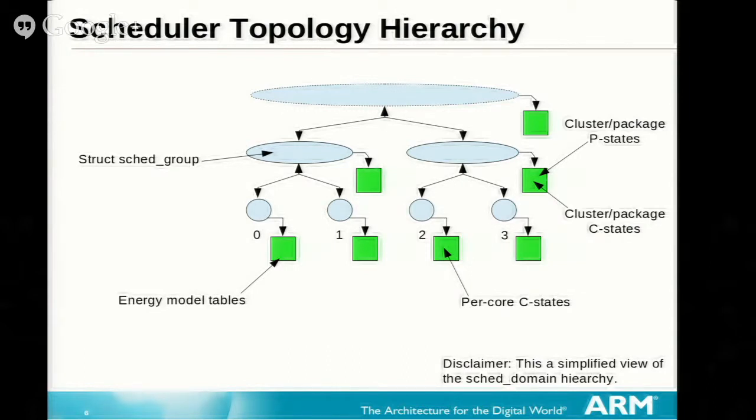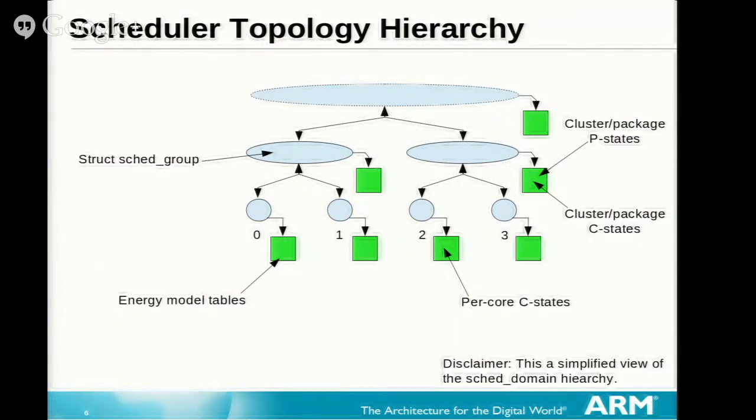So for our 2+2 system from before, we would have a group for each of the CPUs, and we would have a parent group which would cover all the CPUs in a cluster. And we can use this hierarchy to attach all this power information. So the idea is that for the per CPU groups, the lowest ones, we would attach information which is associated with just the particular CPU.